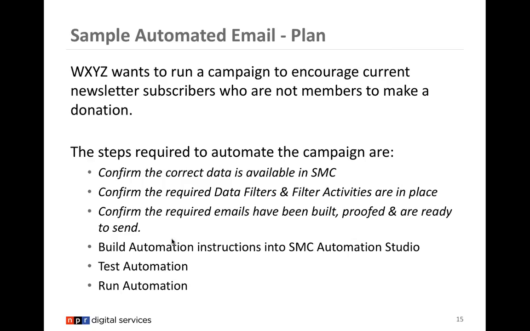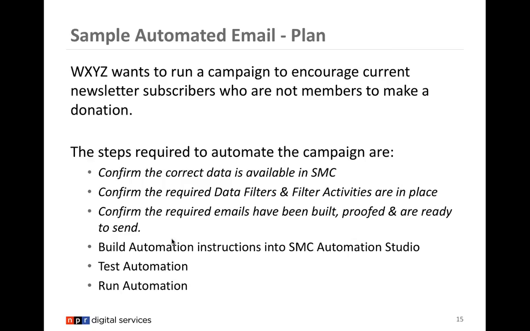Now, one warning for everyone as you're getting ready to start setting up your own automations. The Automation Studio is right now not able to connect to the new Content Builder interface, Salesforce Marketing Cloud's new nicer interface for building emails.